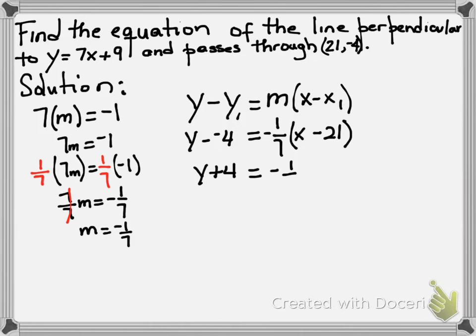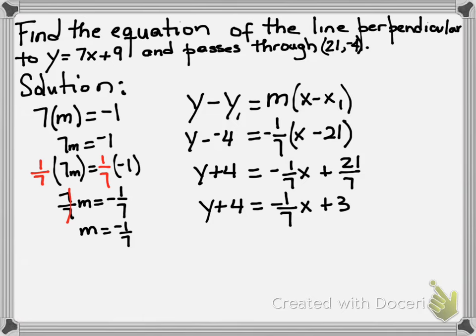We do the distributive property and we obtain y plus 4 equals -1/7 x plus 21 over 7. And we simplify, ladies and gentlemen, we obtain y plus 4 equals -1/7 x plus 3.